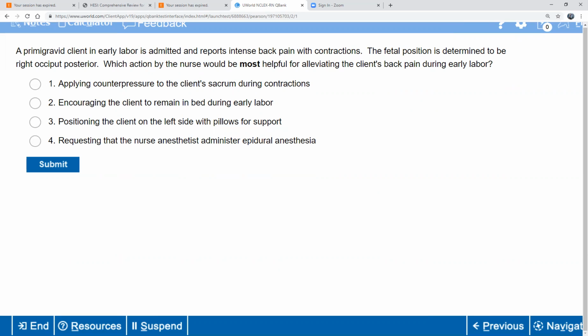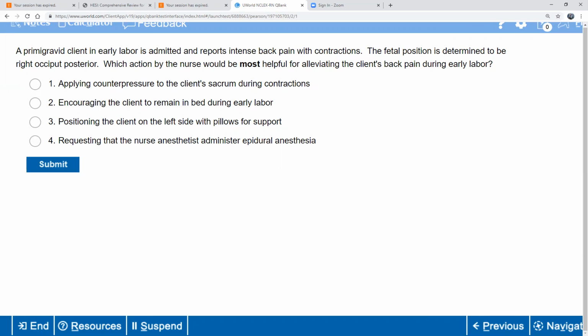Applying counter pressure to the client's sacrum during contraction, encouraging the client to remain in bed during early labor, positioning the client on the left side with pillow for support, requesting that the nurse anesthetist administer epidural anesthesia. I will do number 3. I would do number 1.